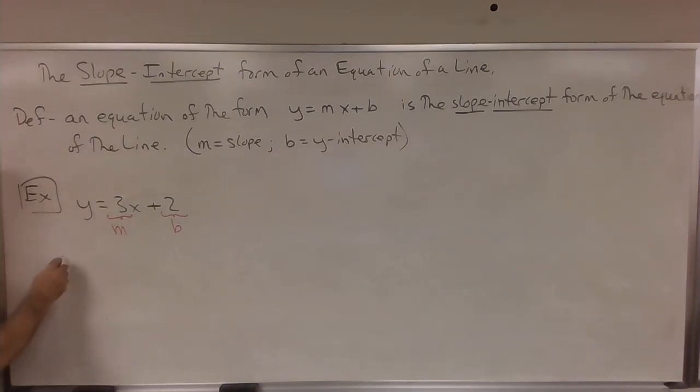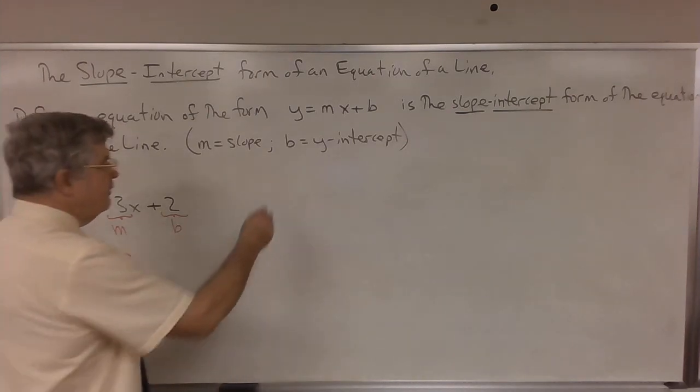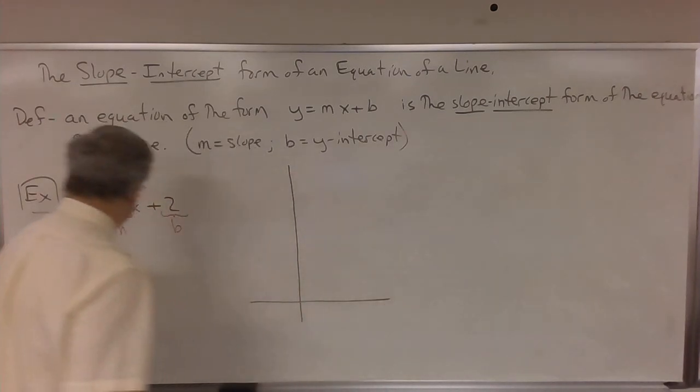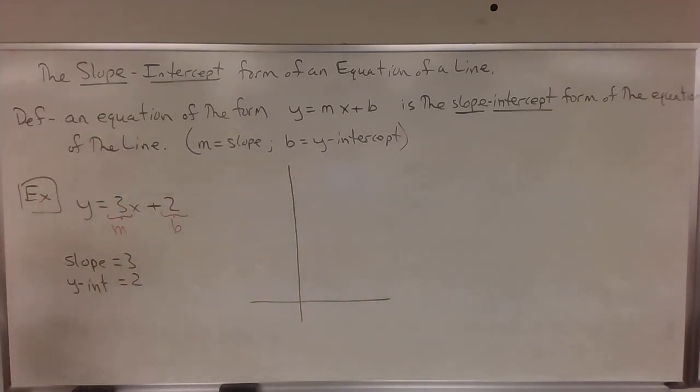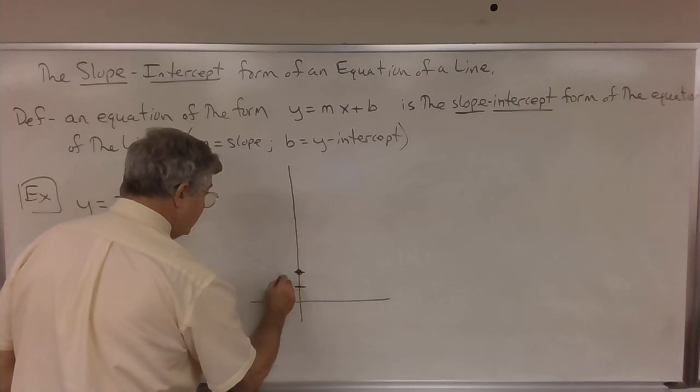So slope equals 3. Y-intercept equals 2. And can we graph this thing? You better believe it. The y-intercept is 2. So let's put that right here.